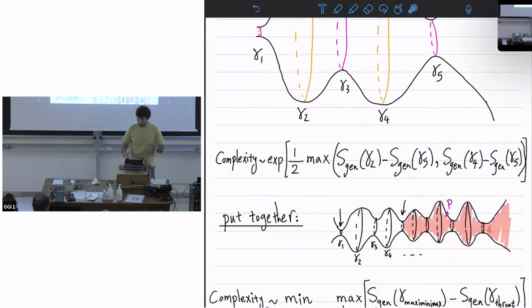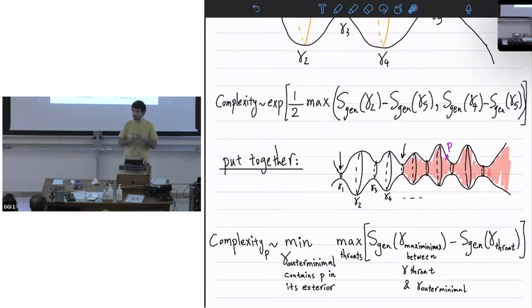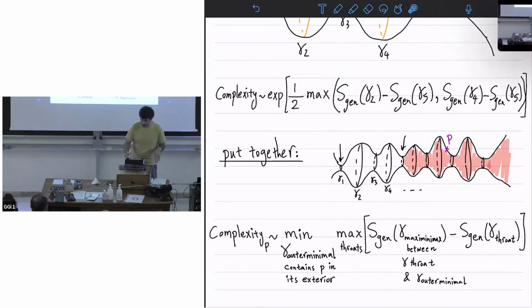Okay, so these can all be put together in a general rule for the most general space-like separated quantum extremal surfaces, which is some messy formula you can write down. I'll just emphasize the important part of it: given an operator P that you want to reconstruct, you minimize over all outer minimal wedges. These are all quantum extremal surfaces such that in their exterior, there's no quantum extremal surface with smaller generalized entropy.